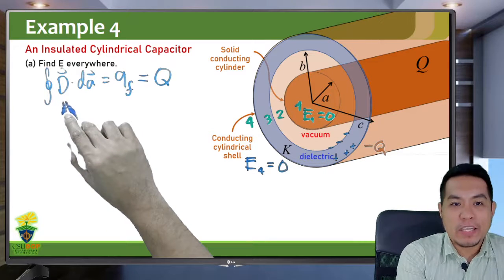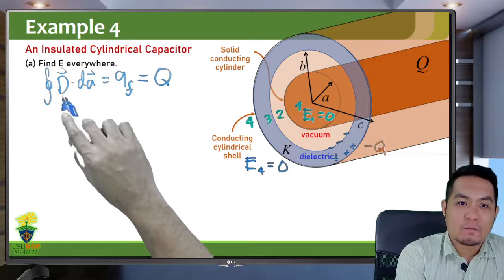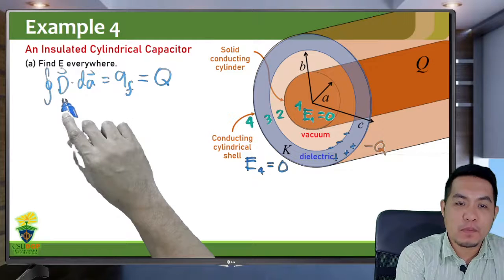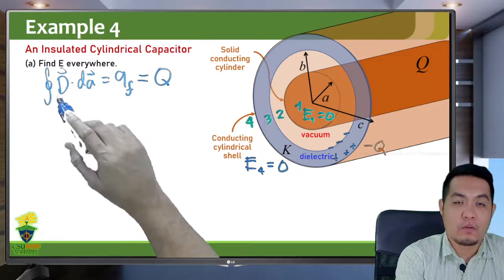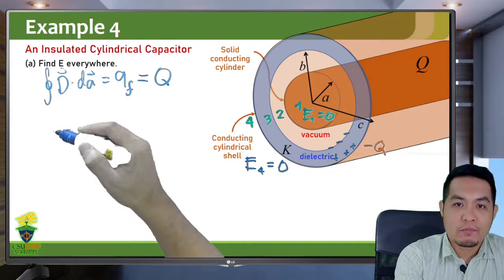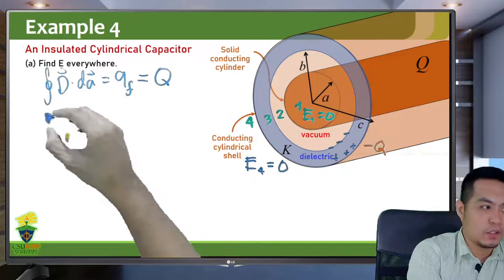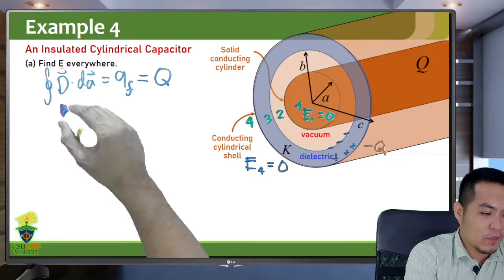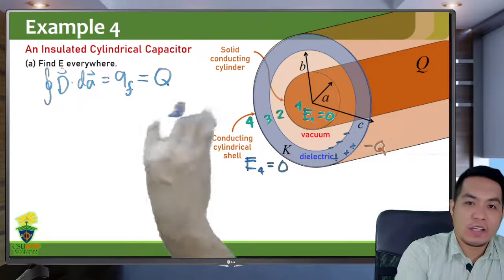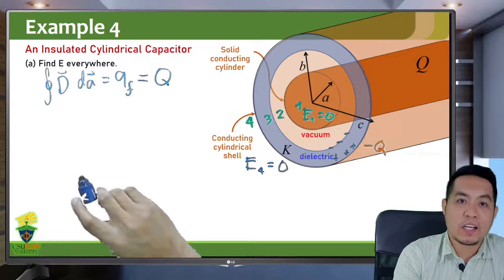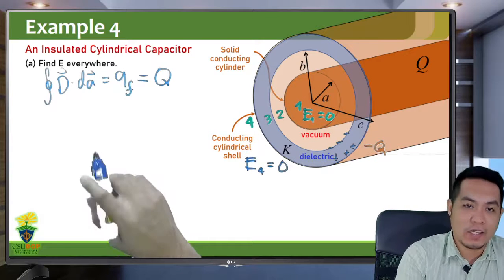So due to symmetry, again, the electric displacement is uniform at all points with the same distance from the center of the cylinder. So this will just be equal to D times A, where A is the area of the cylindrical Gaussian surface, 2 pi SL.